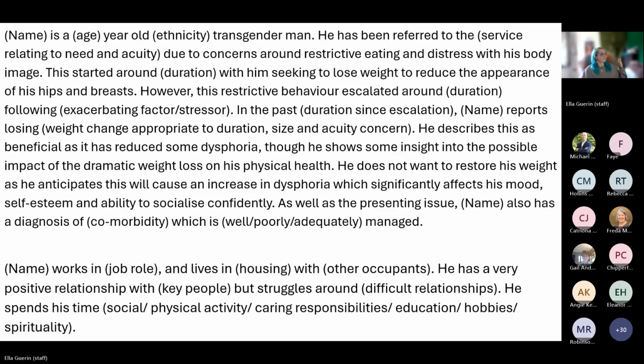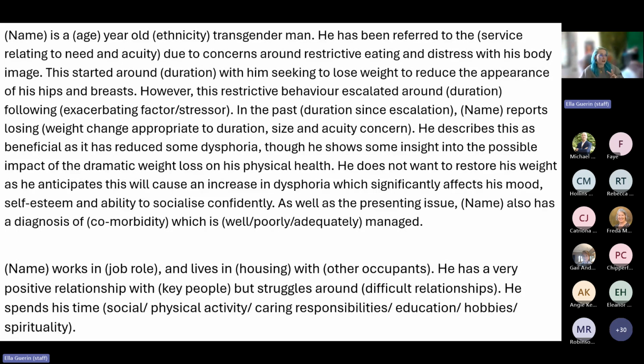So Sam is a 25-year-old British Pakistani transgender man. He's been referred to the, we're going to go with the primary care mental health team due to concerns around restrictive eating and distress with his body image.